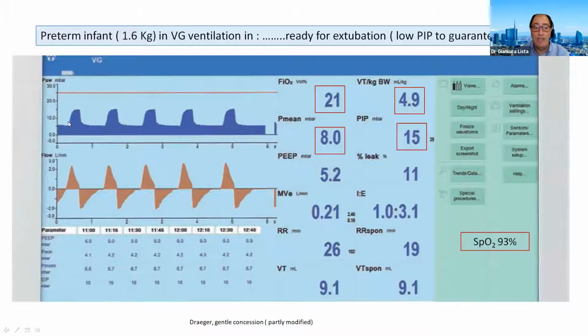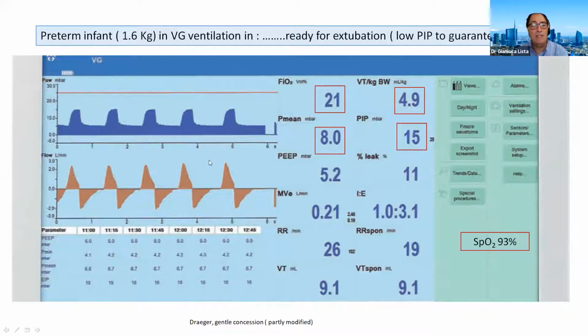Observing what happens in terms of pressure during volume guarantee can help you to understand if the baby, for example, is ready or not to be extubated. This is a baby of 1.5 kilos in volume guarantee ventilation with a normal saturation in room air with a tidal volume set close to 4 to 5 milliliters per kilo body weight.